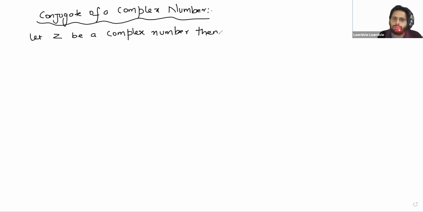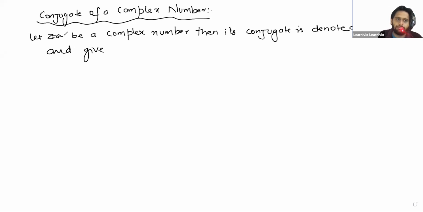Then its conjugate is denoted by this sign and given by: let z is equal to a plus iota b, be a complex number, then its conjugate is a minus iota b.